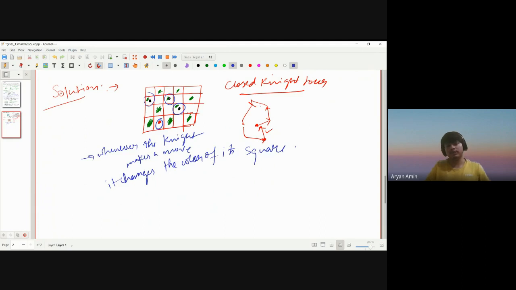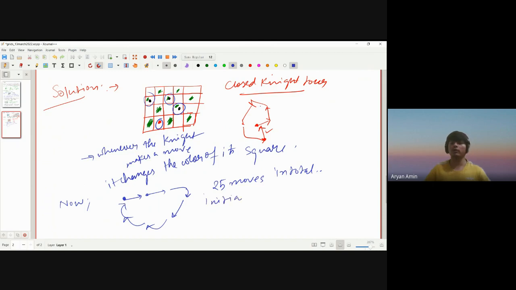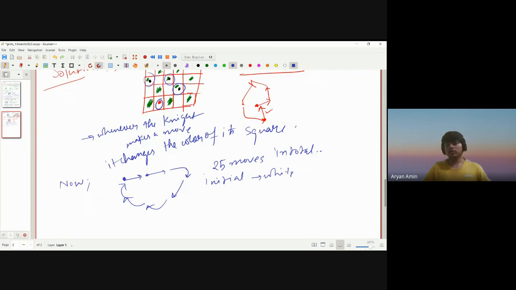Okay, so now think about this. Suppose you had a sequence of moves where you visited every square exactly once and then came back to the original position. That is 25 moves in total, right? Now think about it. Suppose you were on a white square.